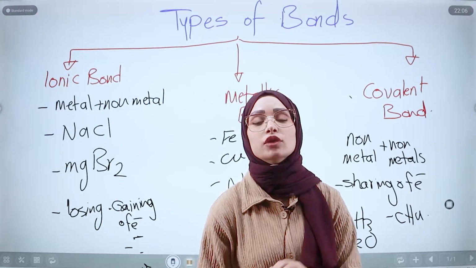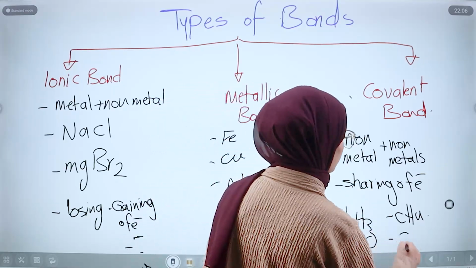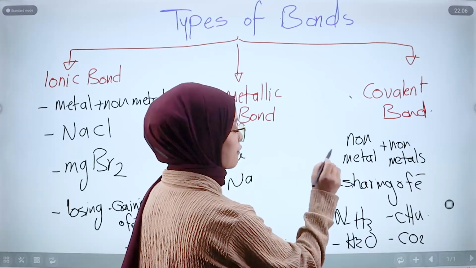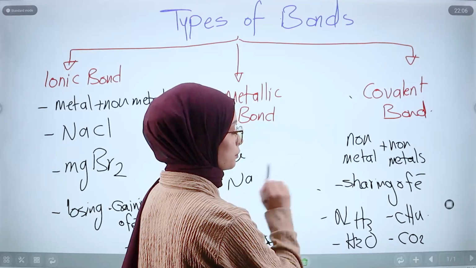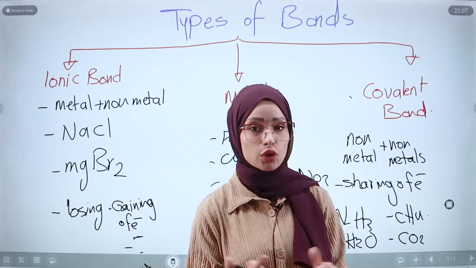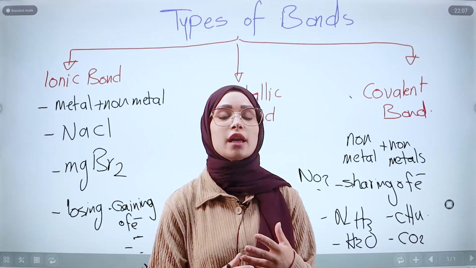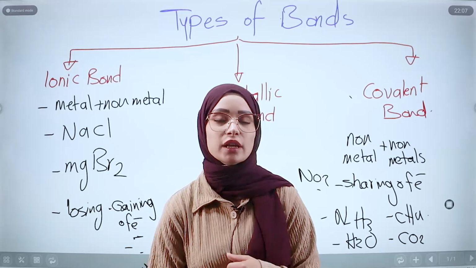When you bind them to each other, they make covalent bonds. For example, CO2, which is really important, and NO2, all of these are nonmetals together, like groups number 4, 5, 6, 7. When they bind to each other, they make covalent bonds.